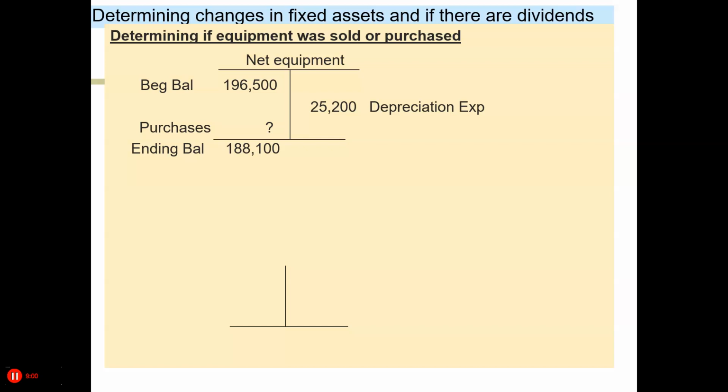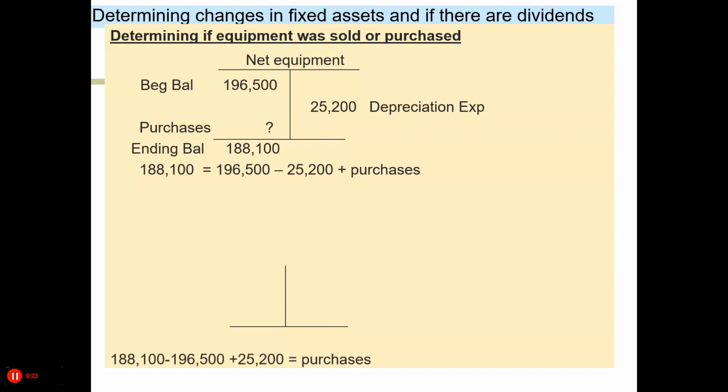We started with 196.5, we ended with 188.1, and we depreciated 25,200. So now what we have to figure out is how much did we buy or sell? And it looks like we bought. So we know that the ending balance equals 196.5 minus 25.2 plus purchases.